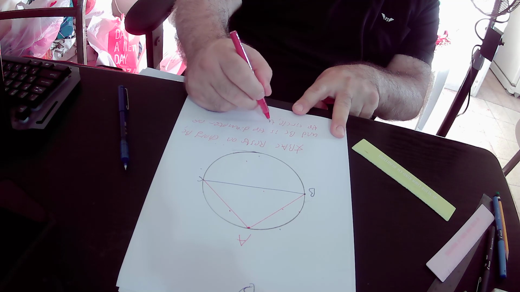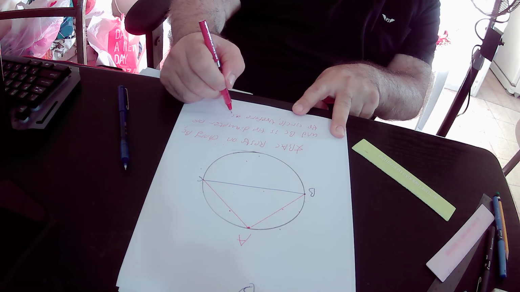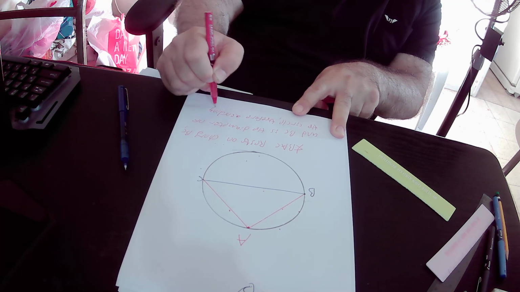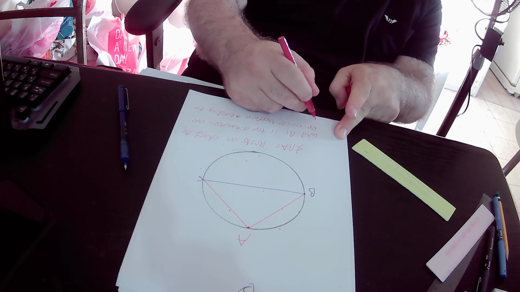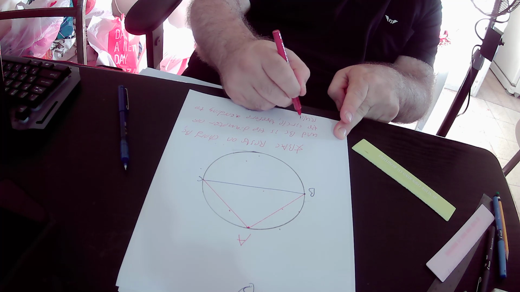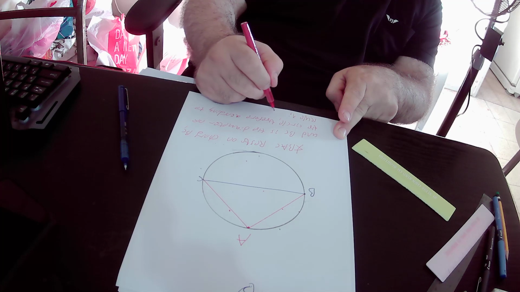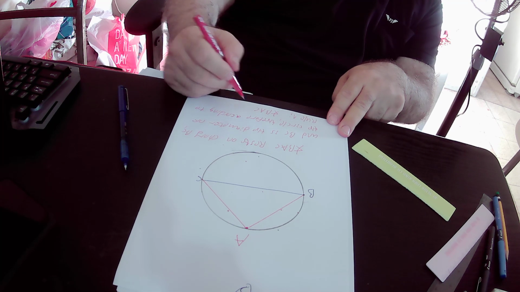Therefore, according to rule number 1, angle BAC equals 90 degrees.